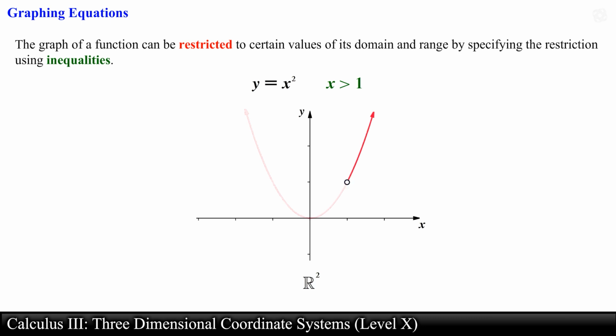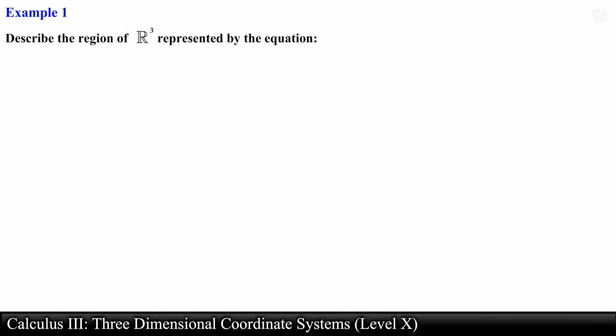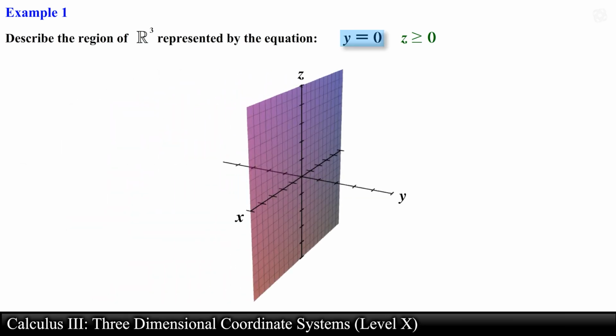In the same manner, we can restrict the graph of an equation in three-dimensional space. Let's go over the first example. Describe the region of R cubed represented by the equation y equals 0 when z is greater than or equal to 0. Recall from the previous videos that the equation y equals 0 represents the xz coordinate plane and is graphically represented as follows.